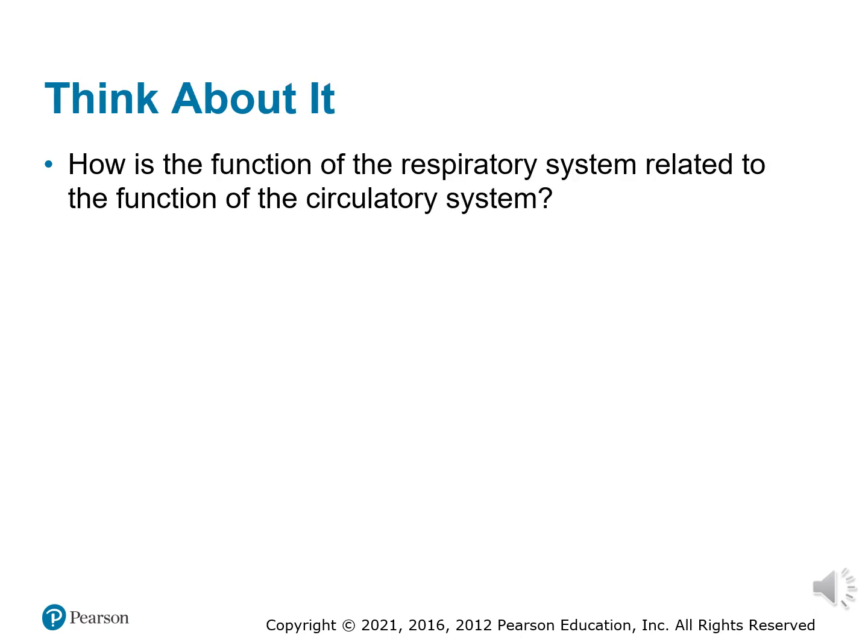So let's think about it. How is the function of the respiratory system related to the function of the circulatory system? The respiratory system moves oxygen into the bloodstream through inhalation, and the carbon dioxide is picked up by the blood and excreted through the exhalation process.